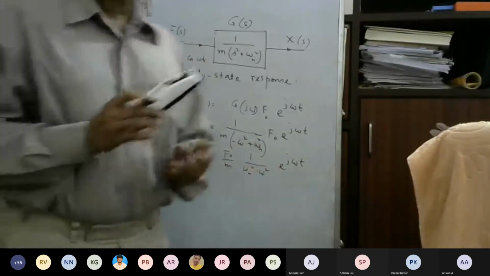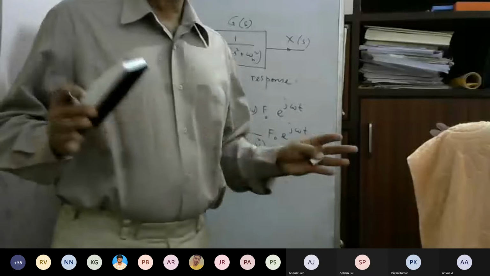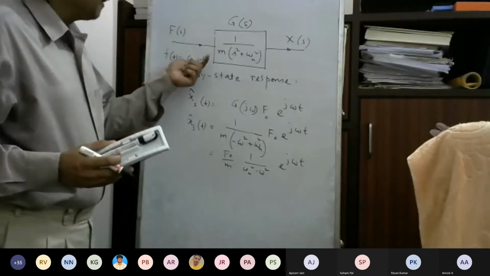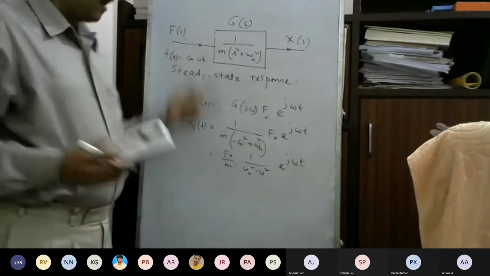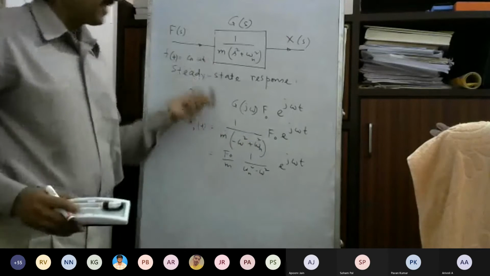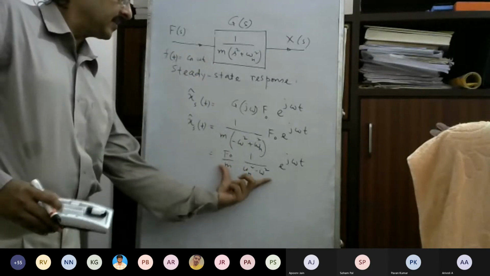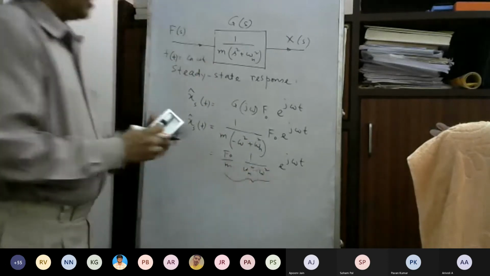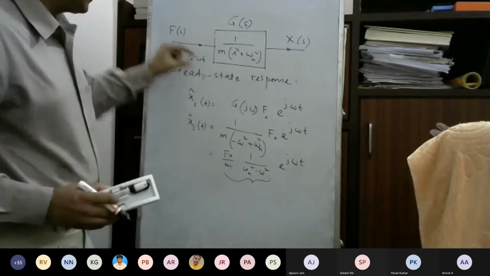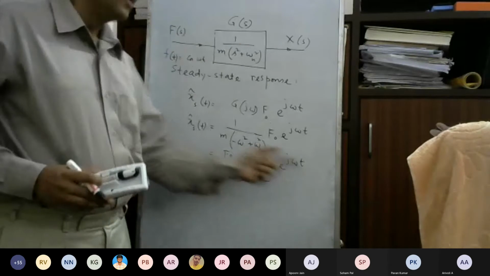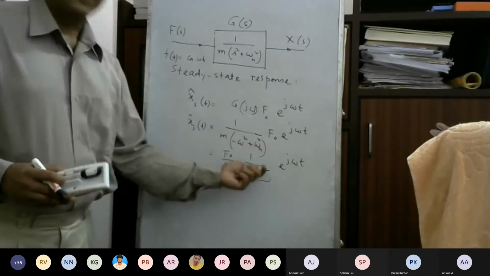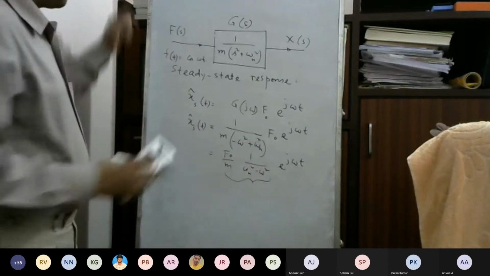That means there is no phase difference between the response and the force. Of course, the amplitude coefficient may change its sign, but apart from that there is no other phase change, because if it is cosine, this is cosine, and if it is sine, this is sine. But the coefficient may be positive or negative depending upon whether omega is less than omega n or greater than omega n.